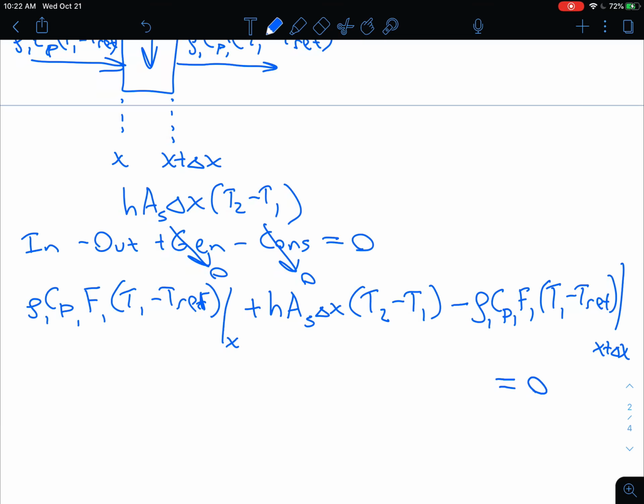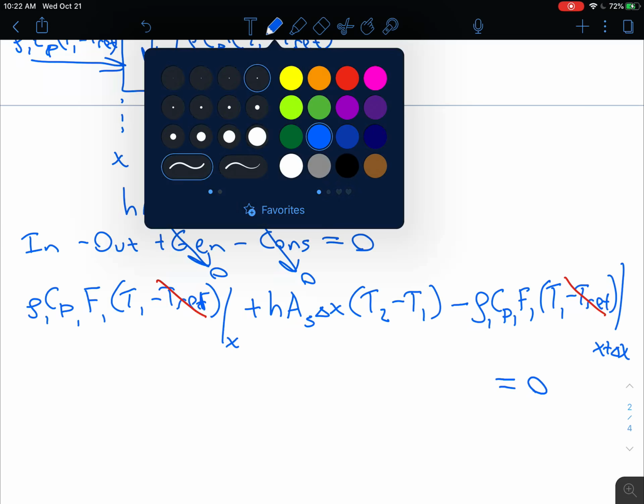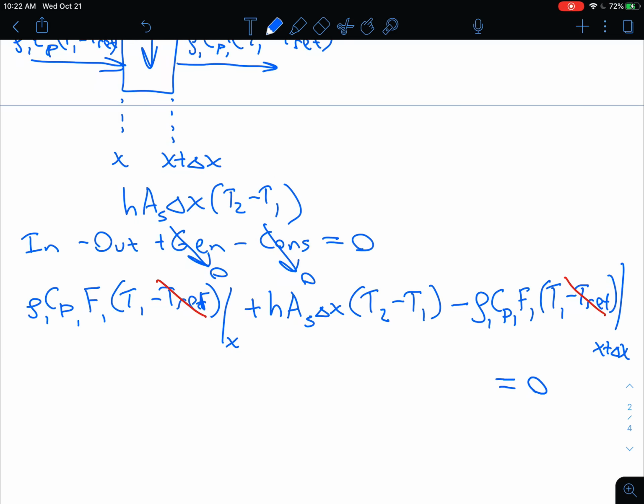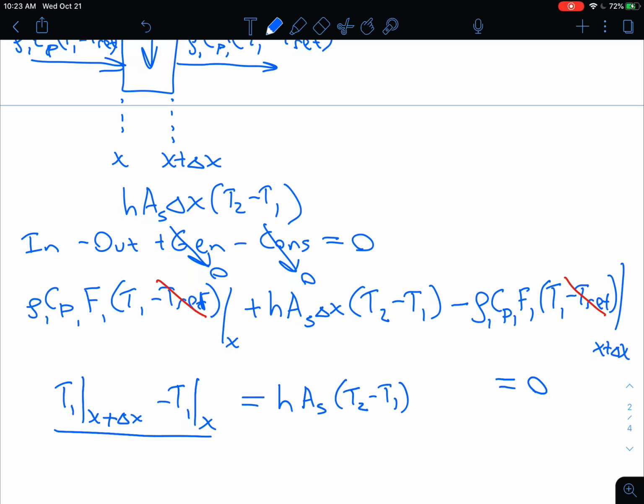So let's rearrange things just as we did before. So again, the T refs will cancel because they don't actually depend on position. And we're going to get T1 at x plus delta x minus T1 at x is going to equal H A sub S T2 minus T1. We're going to divide through by delta x, or take the limit as delta x goes to 0.